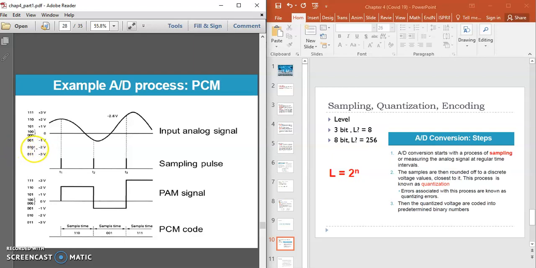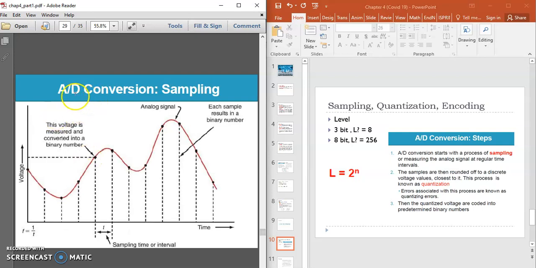Digital is 0, 1, 0, because we want to assign the level. So remember the PCM process: sampling, then level assignment, quantization, and then encoding, 010100001. It's okay, we will have one special chapter on PCM. Now we go to the next slide.